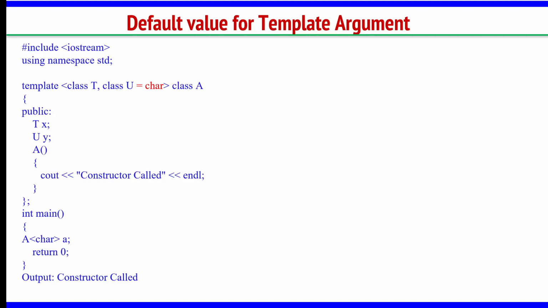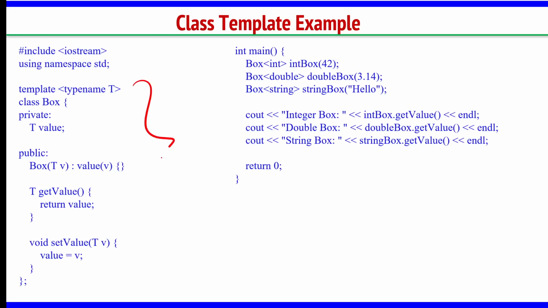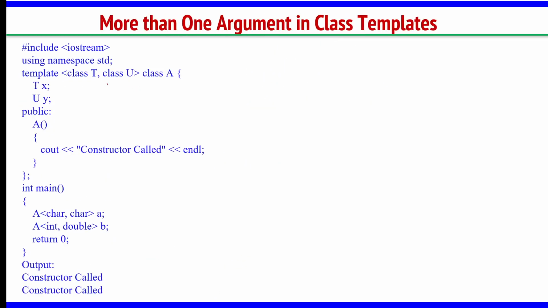If you summarize what we have seen in class templates, like functions, you can even generalize classes. You can create generic classes like this. This is a generic class which can take any value, it can take integer, float, string, anything. And we can even pass more than one argument like this.